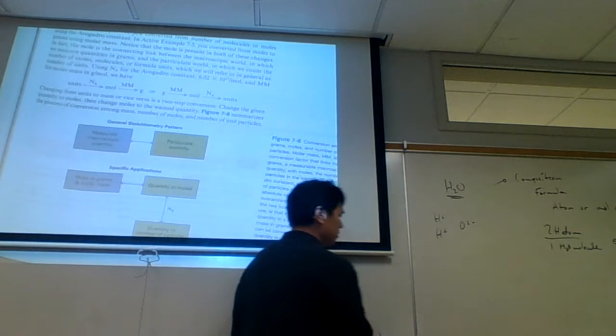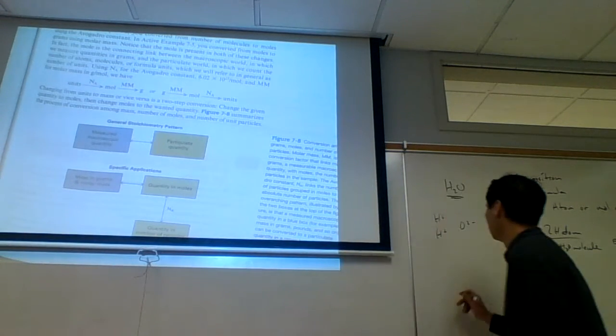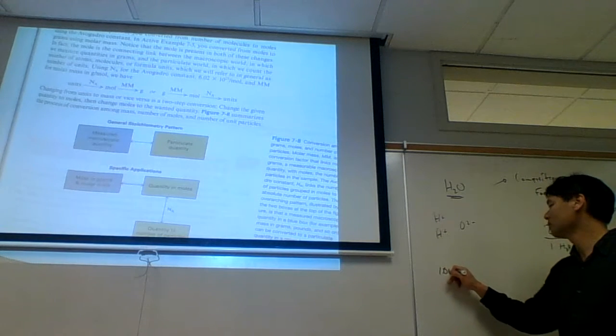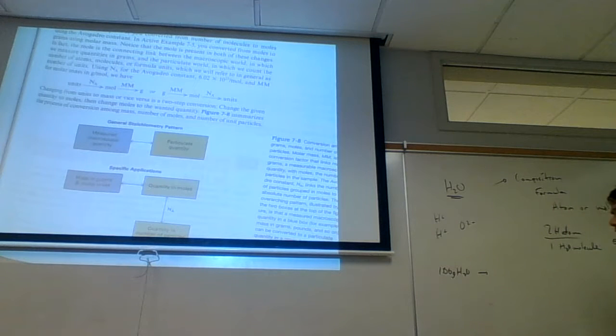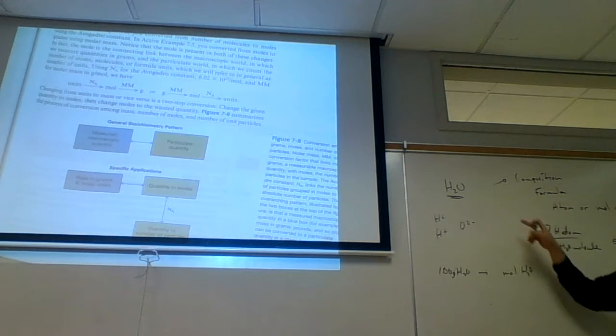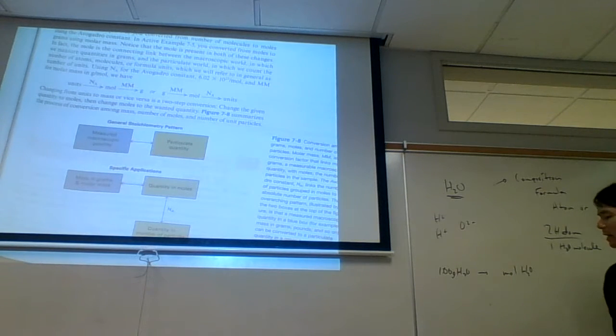We commonly do this. So if I had 1.00 grams of H2O, one of the first things I want to do is I want to get that into moles of H2O. The reason is because once I have it in moles of H2O, then I can use these mole ratios like this to figure out other things, or atoms, or molecules.